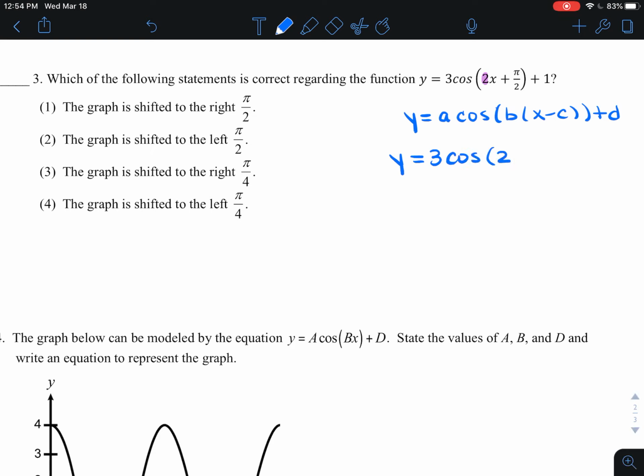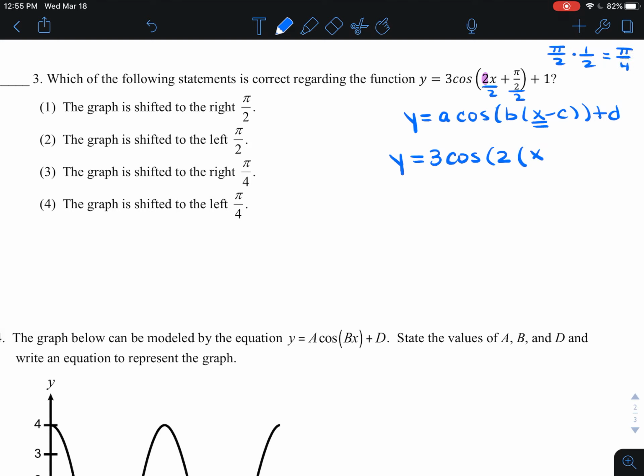So I'm going to factor out the 2, but when I divide away or factor out that value, I have to do that from both values in this parenthesis. So 2x divided by 2 is just 1x, and that's what I want. I want the coefficient of x to be 1 so that I know what the horizontal shift is. So when you divide by 2, it really is the same as multiplying by 1/2, which is helpful with fractions.